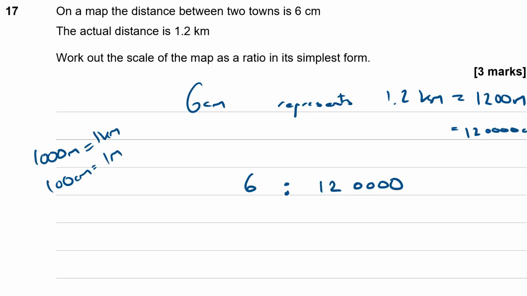Now I can cancel that down because 6 and 12 are both in the 6 times table. So let's divide by 6 and divide this by 6. 6 divided by 6 is just 1, and 1,200,000 divided by 6 is 200,000.